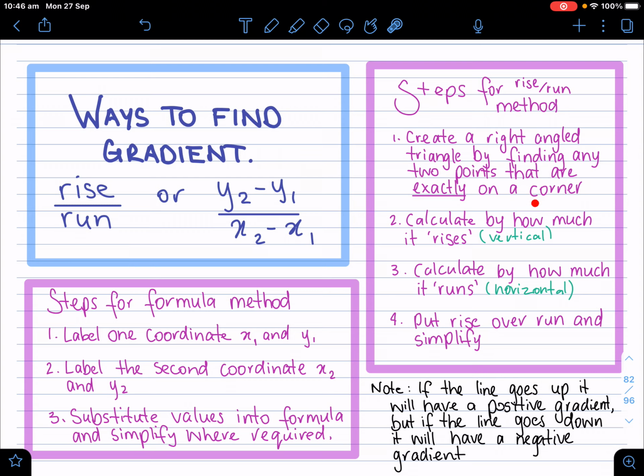Once you've made your right angled triangle, then you calculate by how much it rises, or how much it goes up or down vertically. Then you calculate by how much it runs, or how far it goes horizontally. Then you put it into the rise over run formula and you simplify. Let's go through a few examples, and hopefully those steps will make sense.